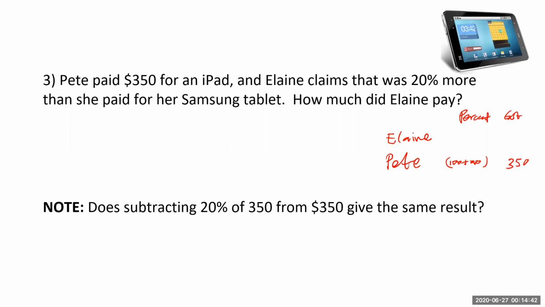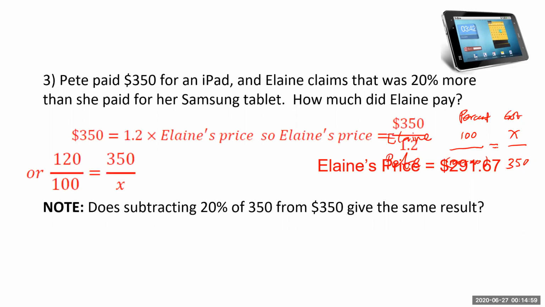Then she paid for a Samsung. How much did Elaine pay? So Elaine's is the one being compared to. So we keep that as the original, and then we want to find how much she paid. And we'll cross product, and our answer should be 291.67.